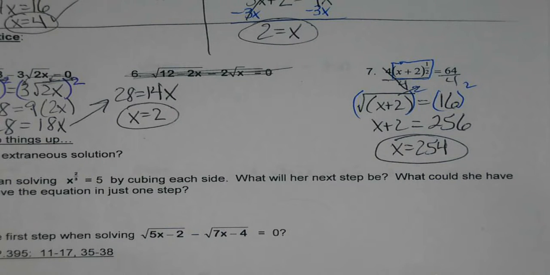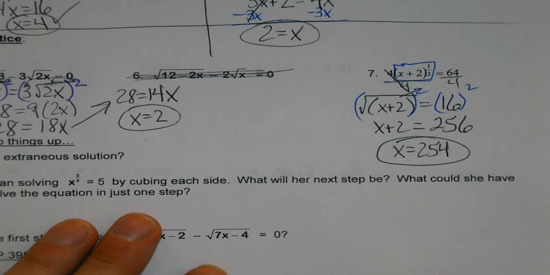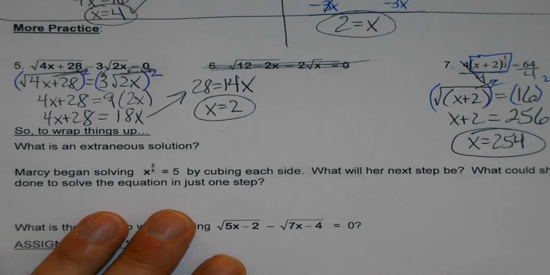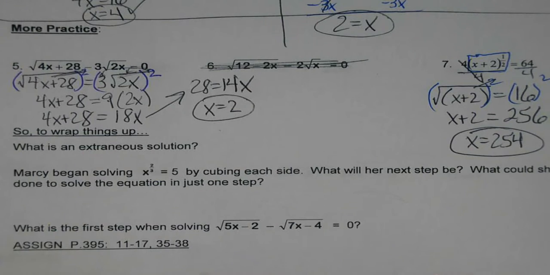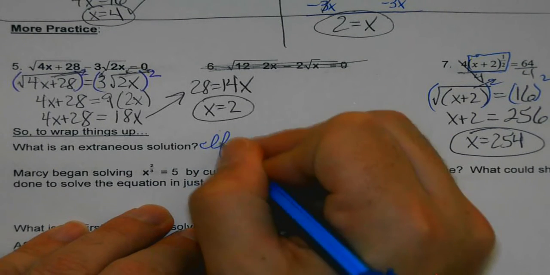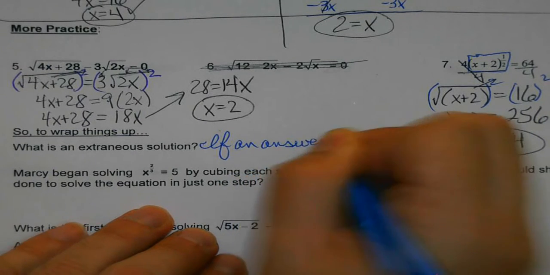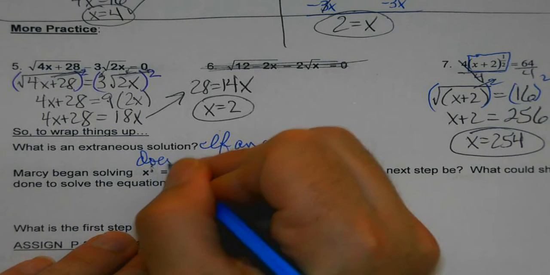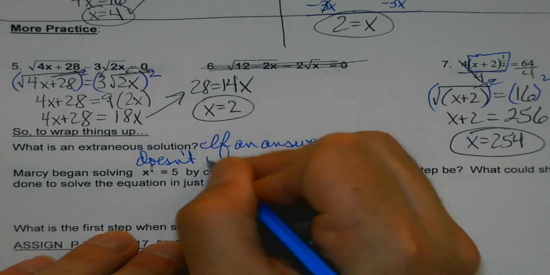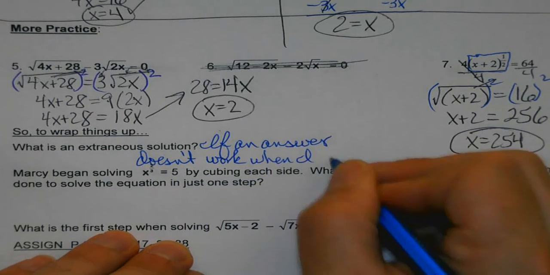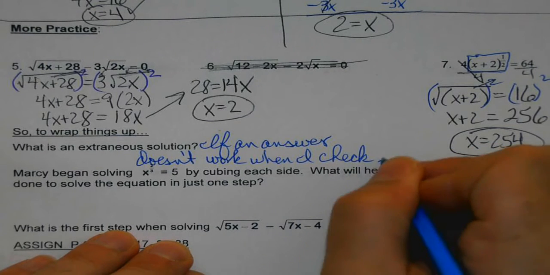Now, just a reminder again, just in case, because I know I'd referenced this a little earlier, but we didn't run into one where it happened, which I wish I would have done in retrospect. Okay, what is an extraneous solution? That happens if an answer doesn't work when I check it.